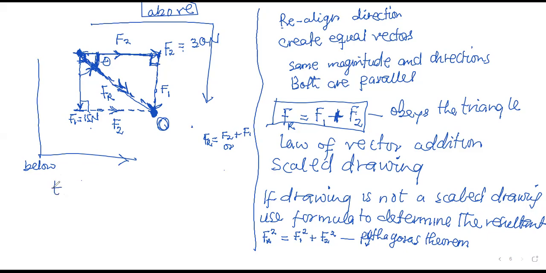So tan theta is equal to F1 divided by F2, since F1 is the opposite and F2 is the adjacent. So theta will be equal to the tan inverse of F1 on F2.